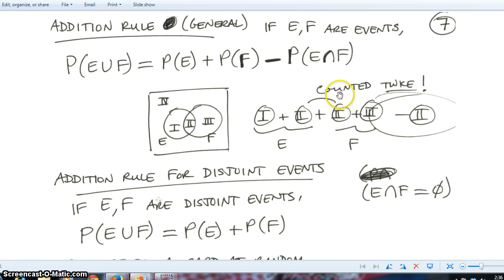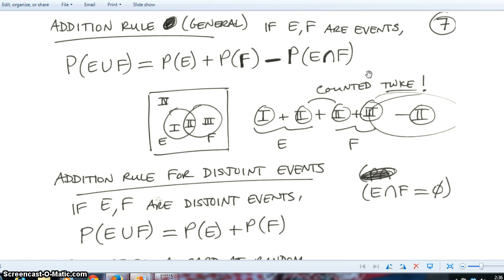And then the probability of F would get contributions from the second and third region. And if you add those two up, you get the first plus the second plus the second plus the third, which isn't quite what you want. E union F is just the first, second, and third. The problem is you've counted that second region twice, that part where they overlap.